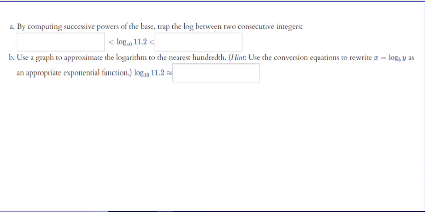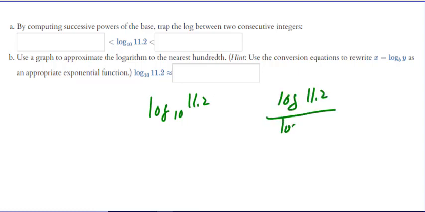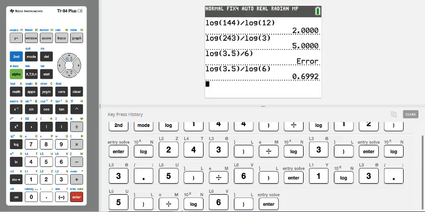Now let's just go ahead. They're wanting to know between what two integers this log base 10 of 11.2 is. Well, we're going to say log of 11.2 over the log of 10, and we're going to give its decimal. We're not going to rewrite it. We're just going to solve it to the nearest hundredth, that's 2 decimal places, right? So we're going to do change of base.